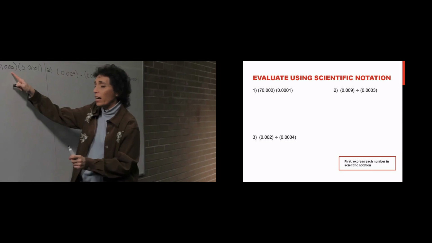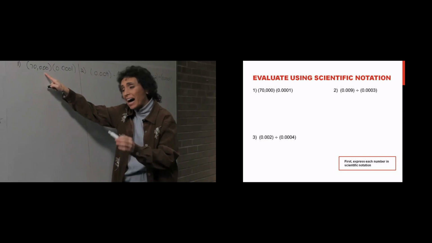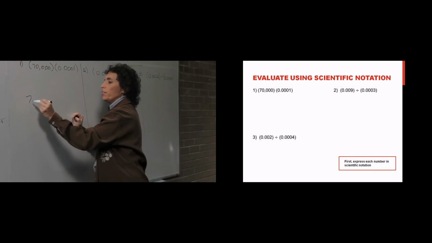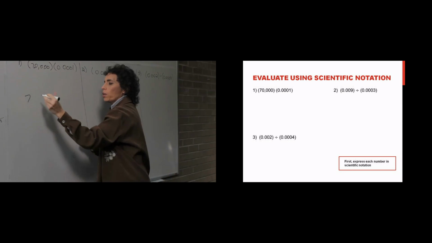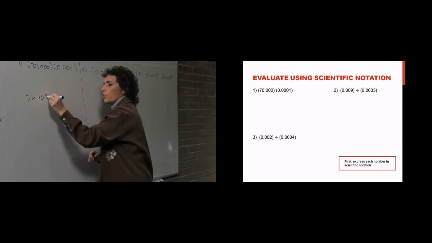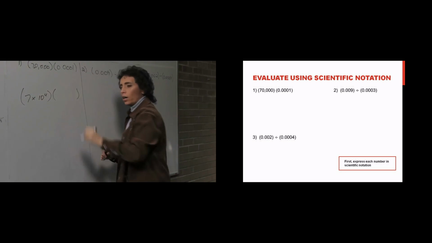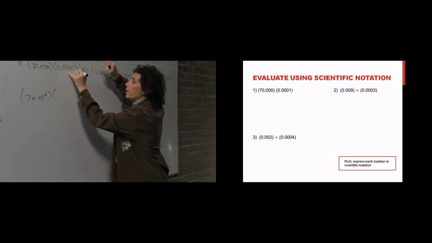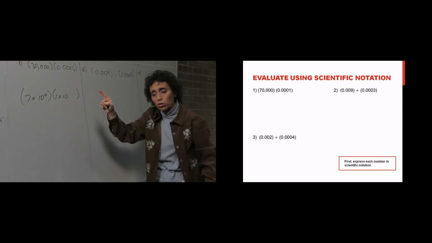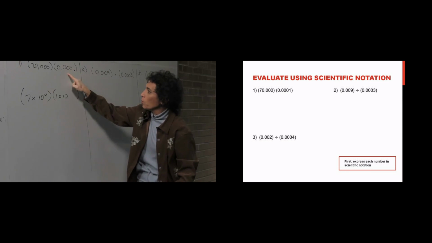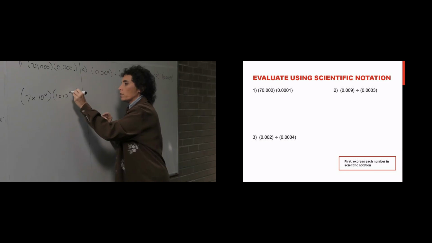Here we go, 70,000. That number is bigger than 1. It's going to have a positive exponent. So it's going to be 7, because that's where we want the decimal, and 1, 2, 3, 4. So 7 times 10 to the 4th, okay? Times, this is going to be 1 times 10. It's going to be a negative exponent because it's less than 1. 1, 2, 3, 4.